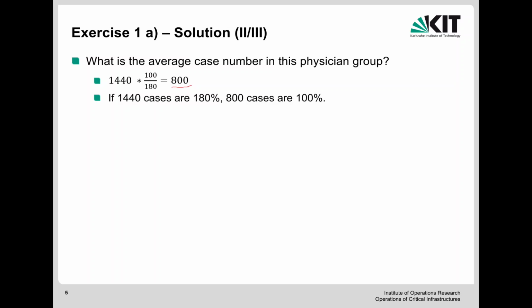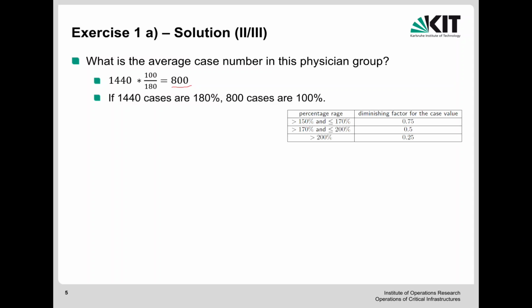Okay, so these are the 100% average. And we know, according to this table, that till 150%, every case will be evaluated at 100%. Meaning that we have to understand what is the 150% limit till we have this percentage.